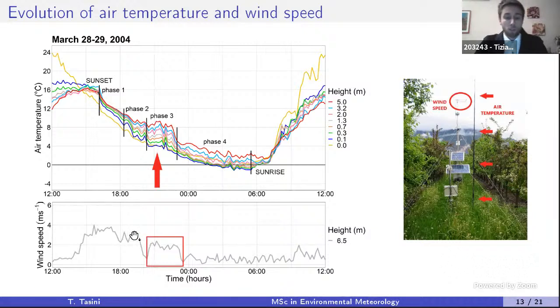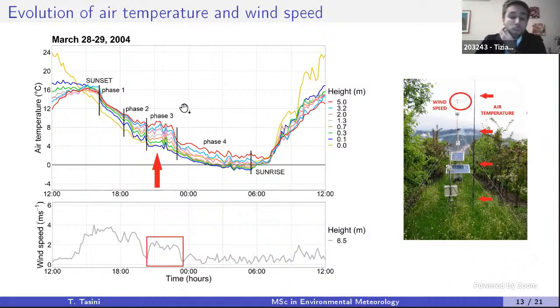Then the most interesting phase is phase number 3, from 8 p.m. to 11 p.m., where temperatures are quite constant, and in particular at the higher layers, for example, the cyan line 3.2 meters above ground level and the red line 5 meters above ground level, there is a slight increase in temperature.